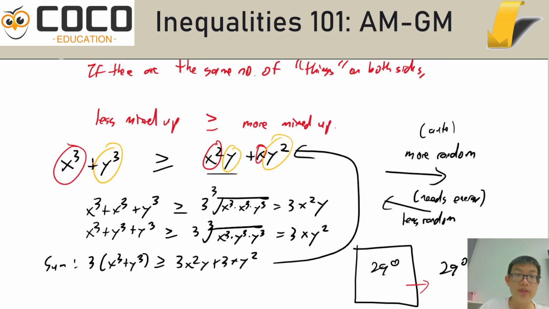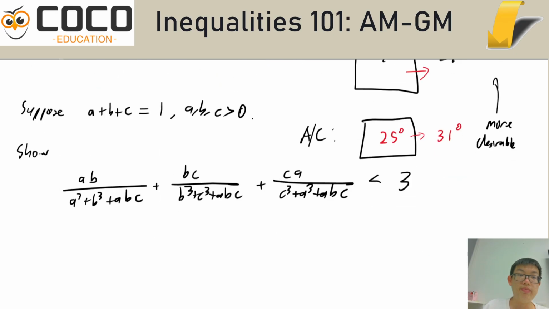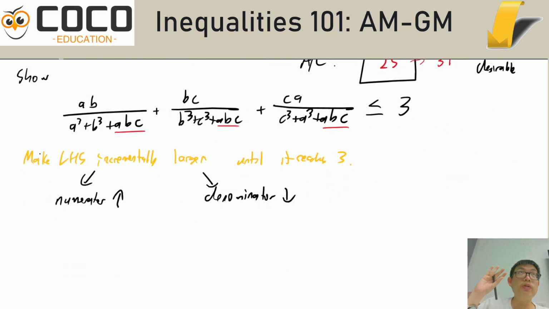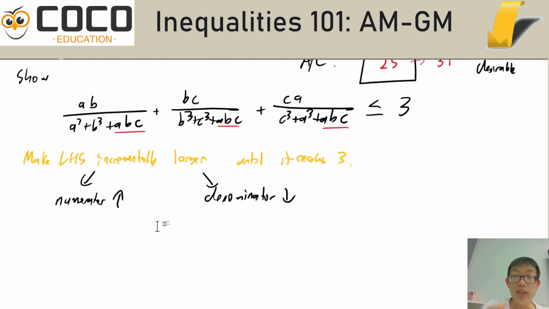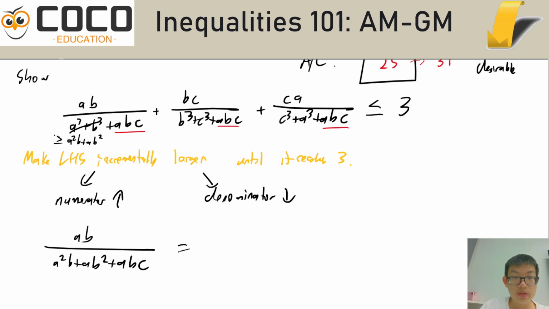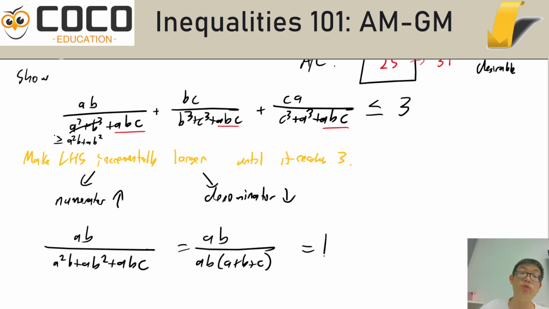And you can use this. So you need to be able to make this kind of transition, even if it's not proving this question here. It is useful to be able to say that AM-GM gives me a feeling this is correct. And so a cubed plus b cubed, I can make the denominator a bit smaller because these factors, and this becomes 1.